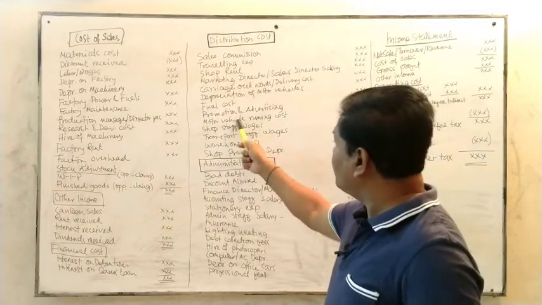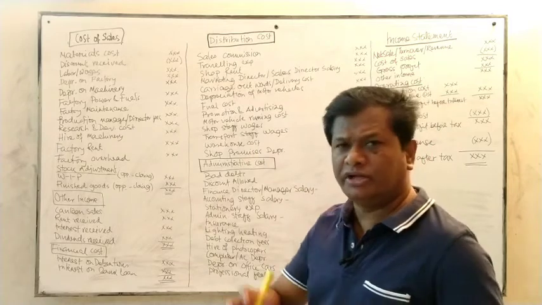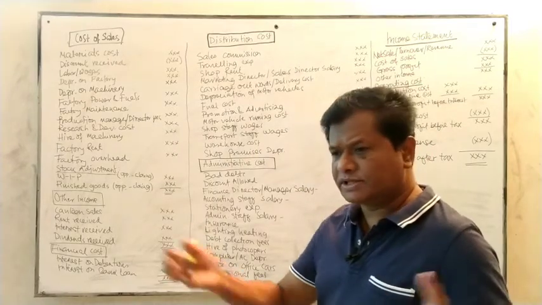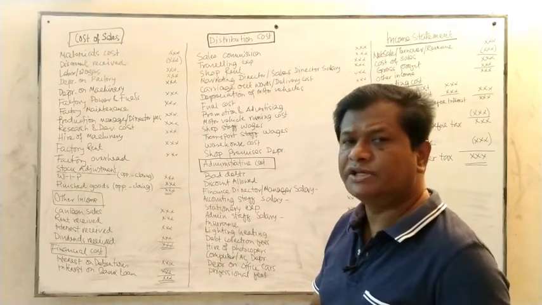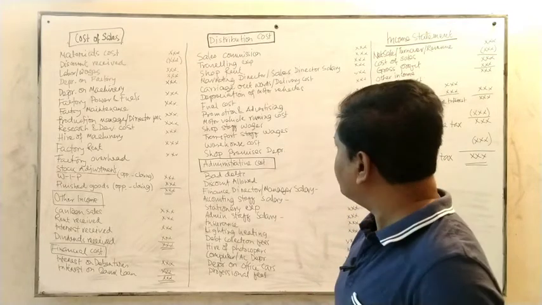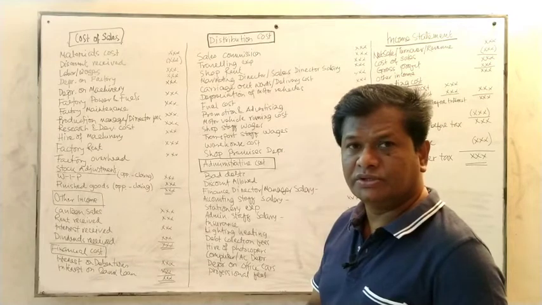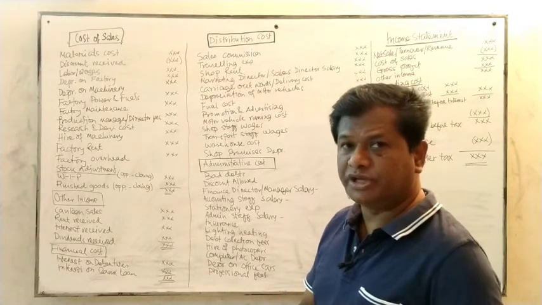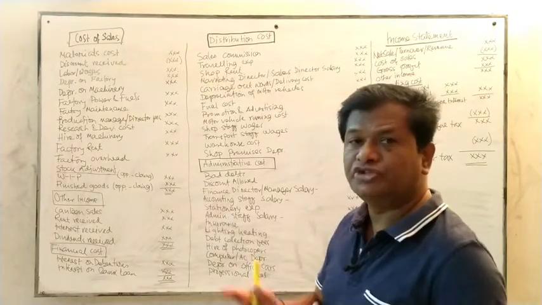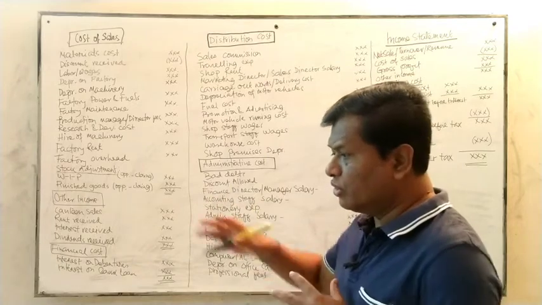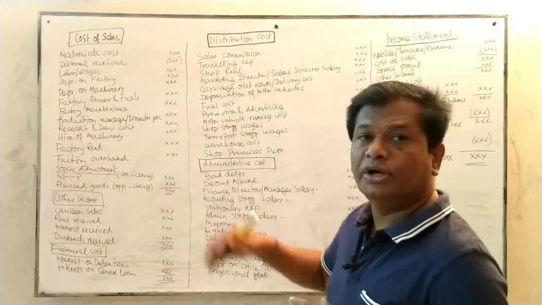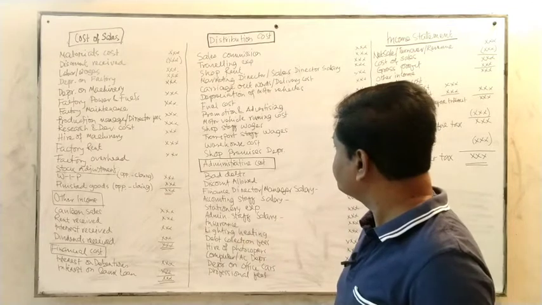Again, motor vehicle running cost. Some companies write it as carriage outward, but some companies write motor vehicle running expenses. The objective is that this is used to deliver your product to the different customers.